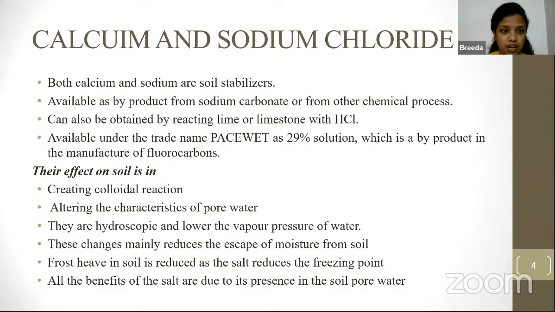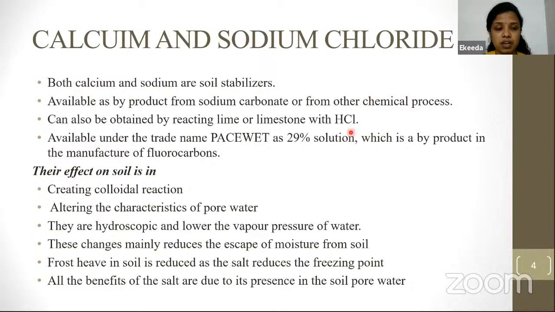Calcium and sodium chloride are the chemicals that we use to react with the soil so that we get the required stabilized soil. Both calcium and sodium chloride are soil stabilizers available as byproducts from sodium carbonate or other chemical processes, and can also be obtained by reacting lime or limestone with HCl.